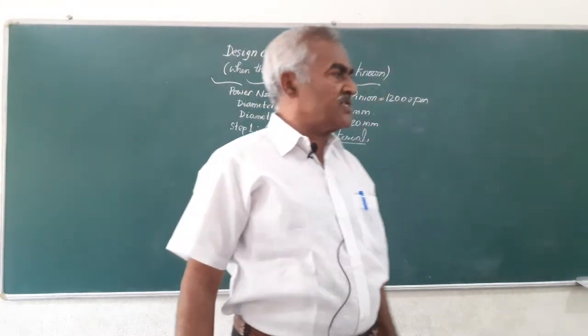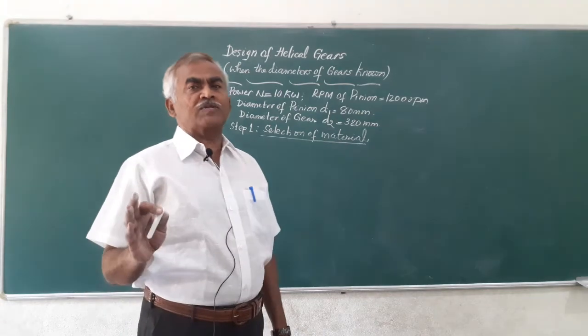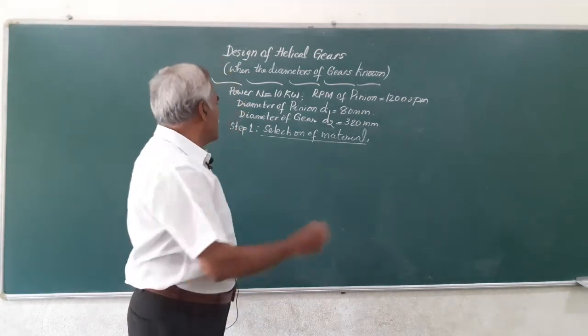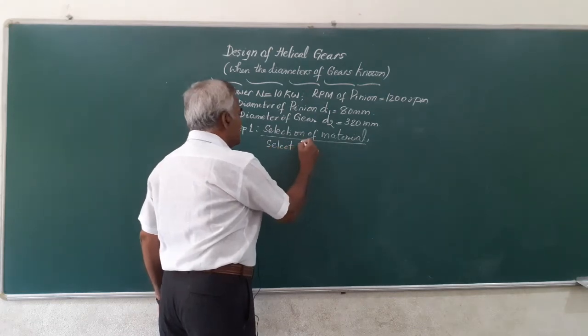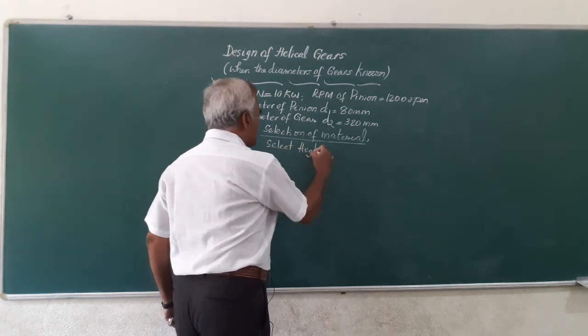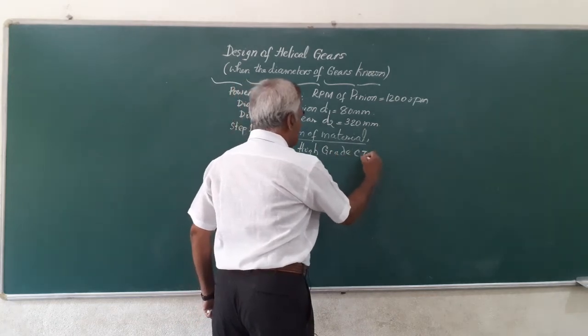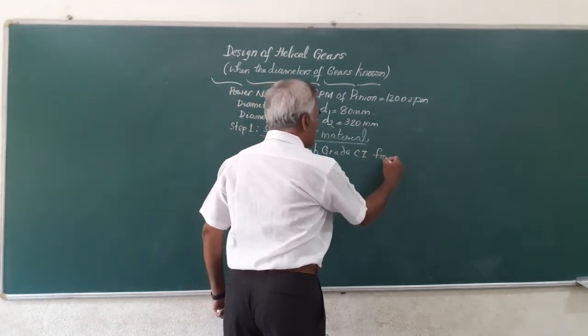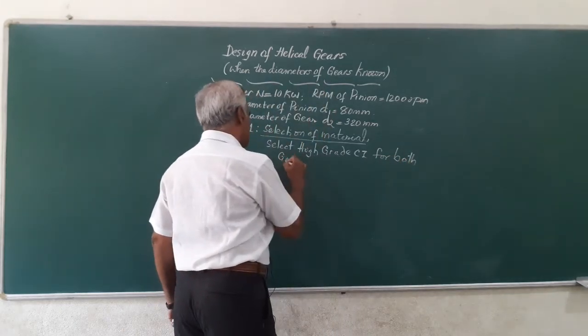So, in today's session, I am going to select the same material for both gear and the pinion. So, I am going to select high grade cast iron. Here is cast iron for both gear and pinion.